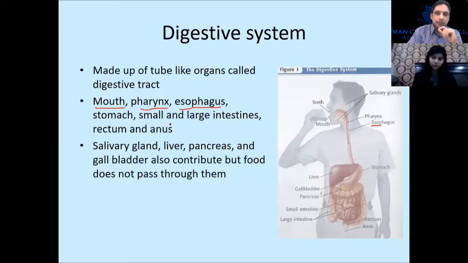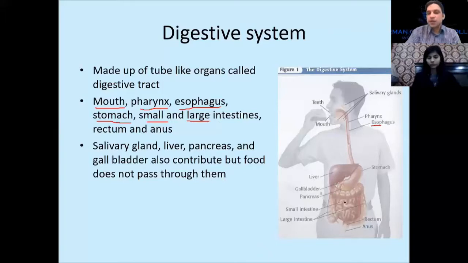And then it enters into the stomach here, and then it starts its journey into one of the longest parts of the digestive system called the intestines. There are two types of intestine. The one is called the small intestine, the other is called the large intestine.